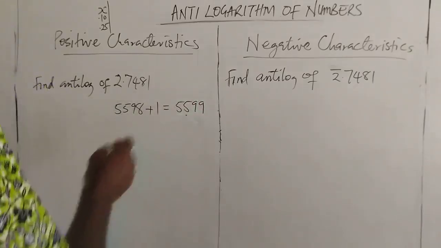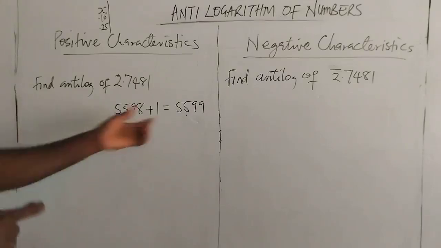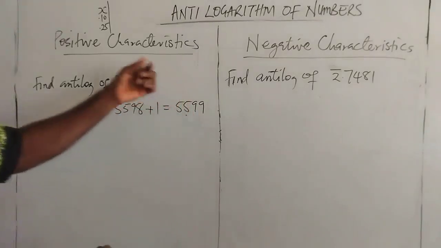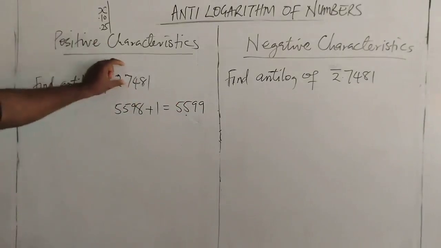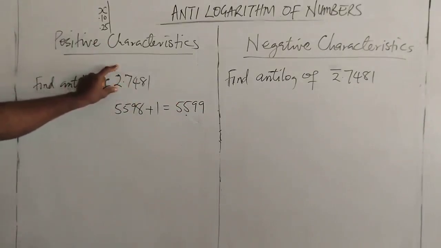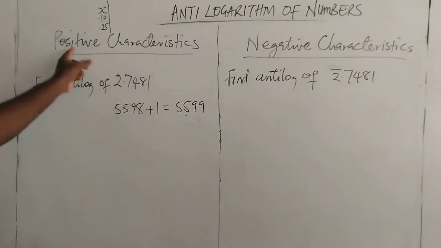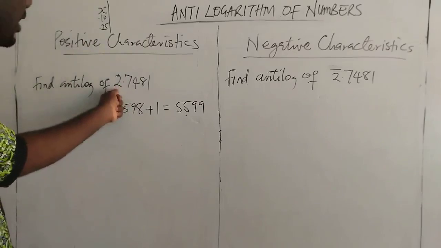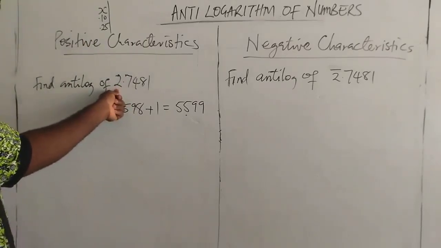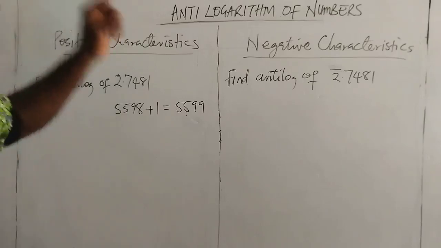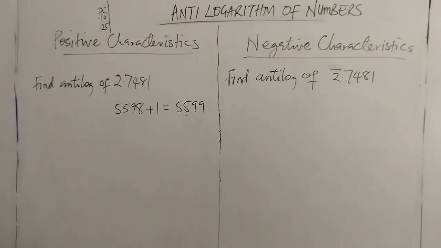Now, we have gotten the value from the antilog table. The next thing is to use the characteristic to know the position of the decimal point. Because the characteristic is positive, you have to reverse what we did for numbers greater than 1 when we were looking for log of numbers greater than 1.